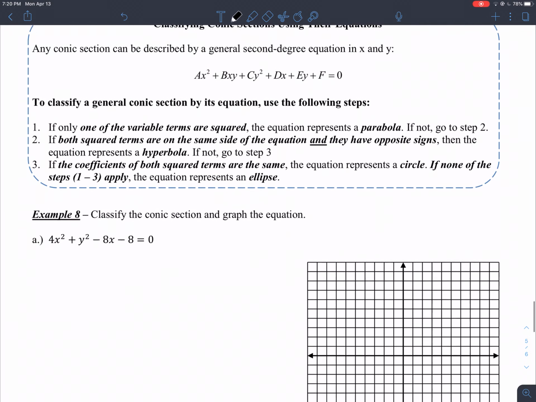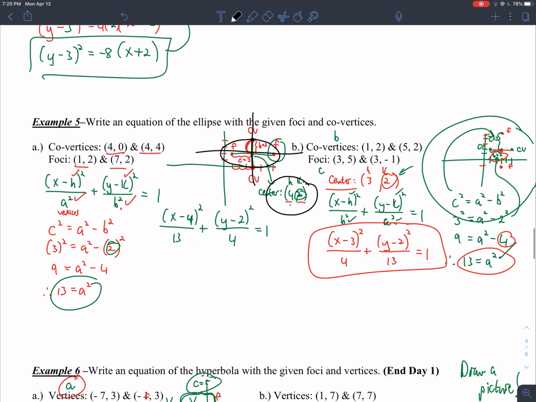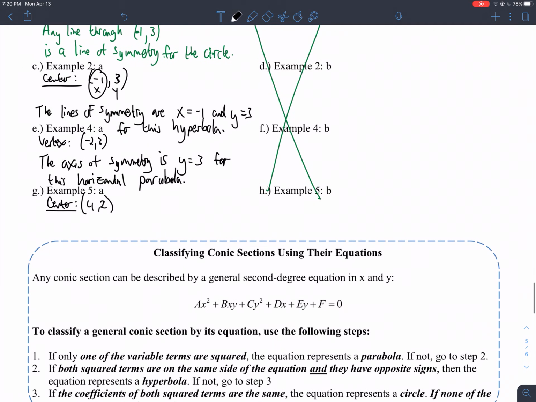Okay? So the center here was 4, 2, I think. And so it doesn't actually matter in this case if it's a vertical or horizontal ellipse. I still have the same two lines of symmetry. Okay, so I have x equals 4 and y equals 2.